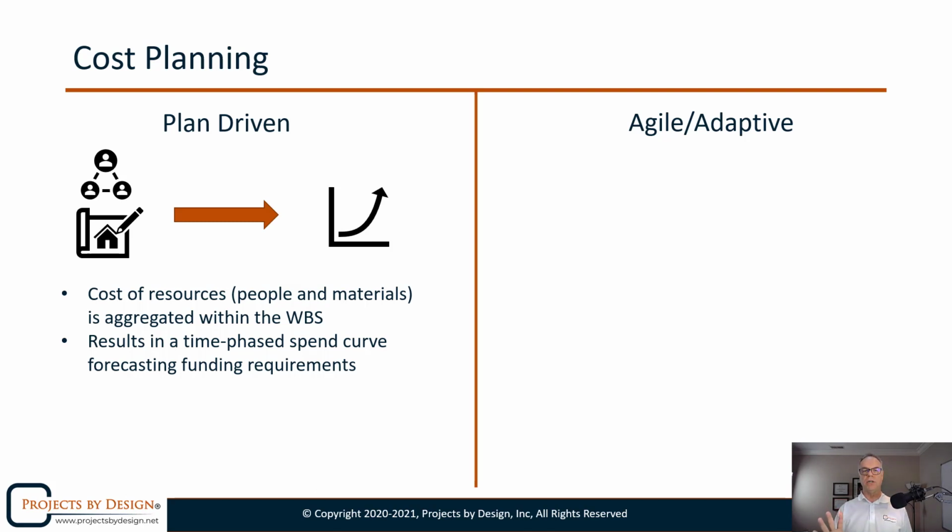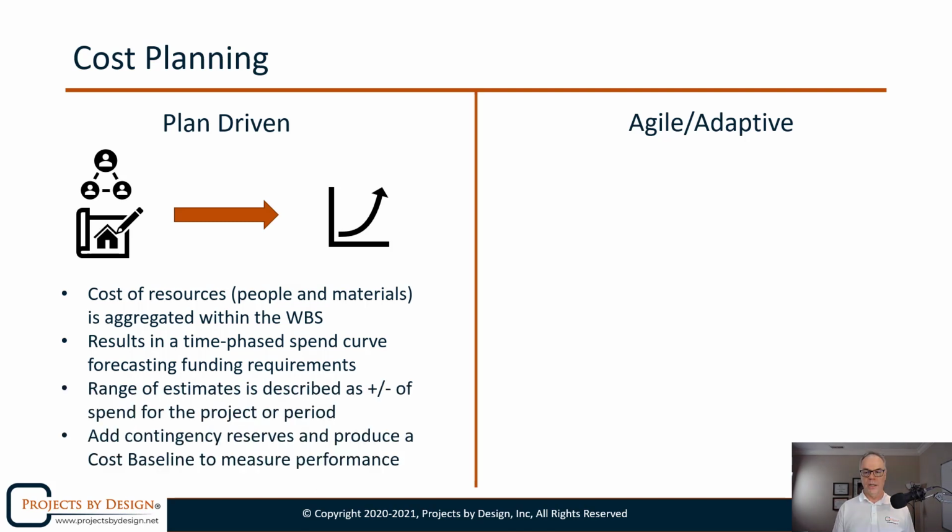So the organization knows by period what we're expecting to have funded so we can deliver the project scope. The range of estimates is described as a plus or minus of spend for the project or period. Lastly, we're going to add contingency reserves to create our cost baseline from which we're going to measure our performance going forward.